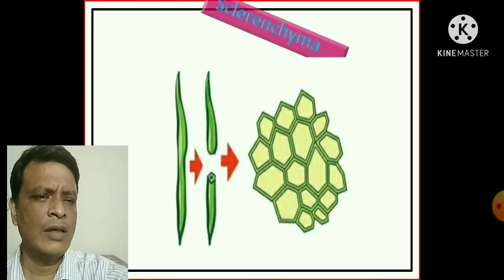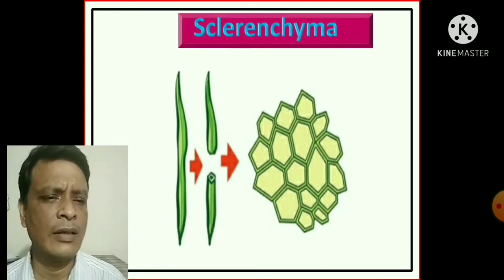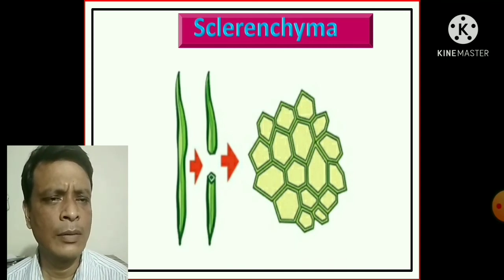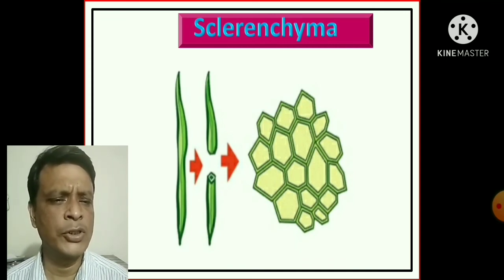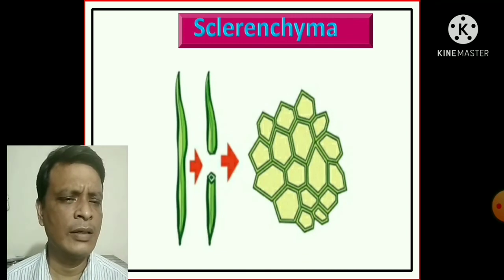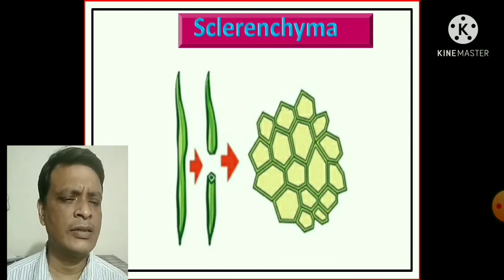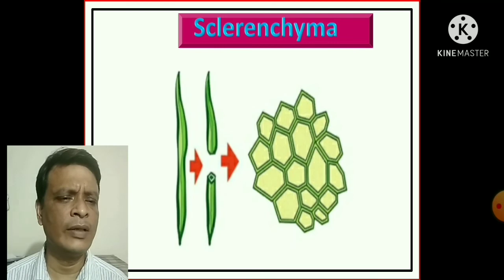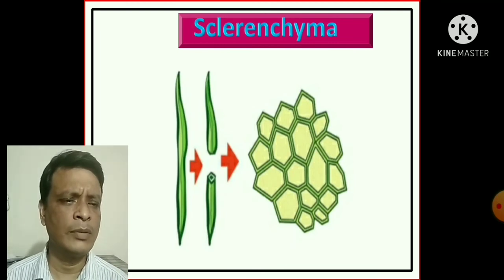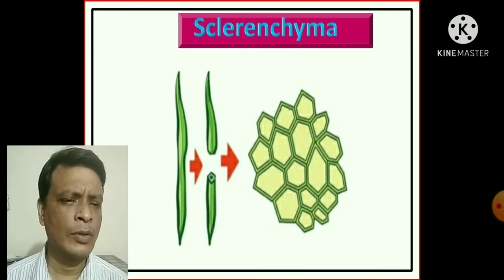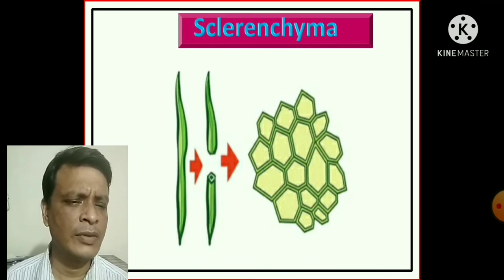Now, last of all, the sclerenchyma cell. It is a very important simple permanent tissue. If you look at the figure here, this is the elongated cell. At the early stage the cell is living, but when it becomes mature, the protoplasm is lost and it becomes a dead cell.